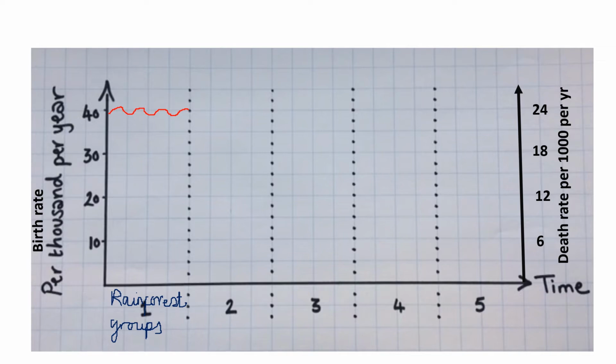Another reason for high birth rates is because they want plenty of children. The kind of hunter-gatherer lifestyles that they live, they require the children to help them hunt and to help them gather and to carry on the family name. They also have high birth rates because of high child infant mortality. So many children will die before their first birthday, and so they have more as an insurance, because ultimately it's the children that will look after them when they're old or when they are ill.